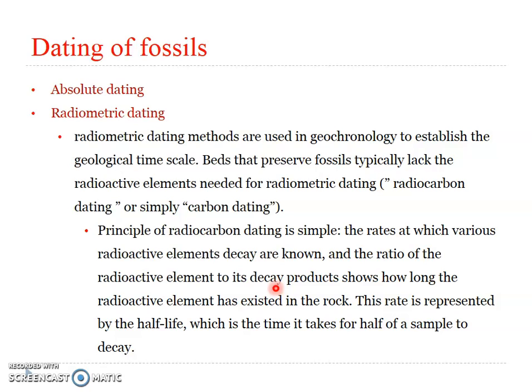Then we find the ratio, and this ratio will give how much time the object has been there in the substrata. So this ratio of the radioactive element to its decay products shows how long the element had existed in the rock, and the half-life is the time it takes for half of a sample to decay.